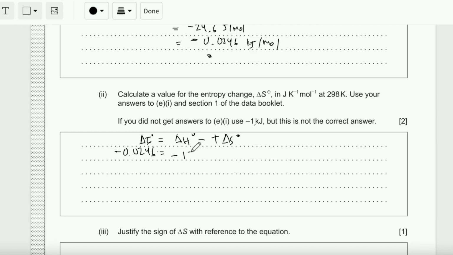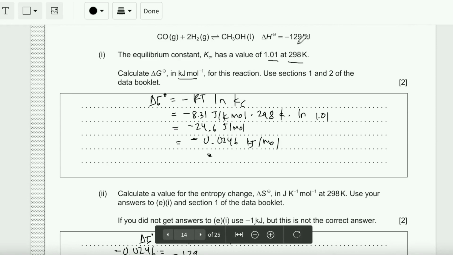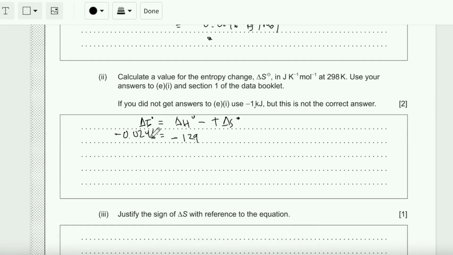Delta H is negative 129. You can check from this again, negative 129. This is in kilojoule and this is in kilojoule as well. T is 298 Kelvin. And delta S is the question.